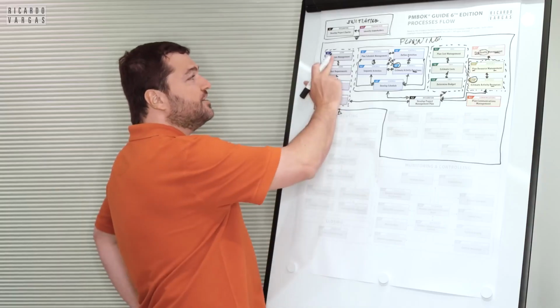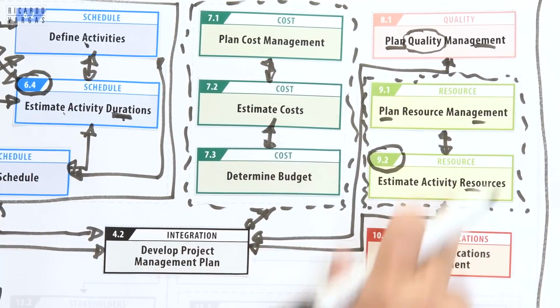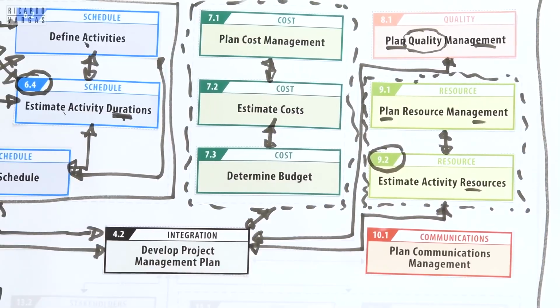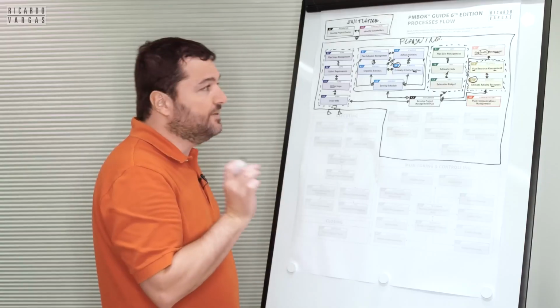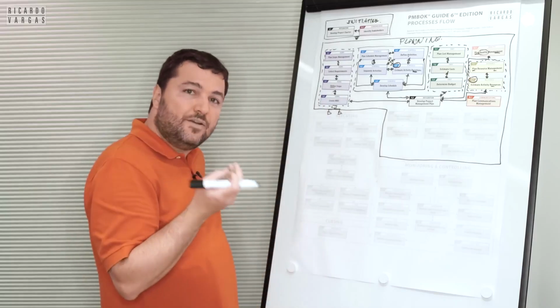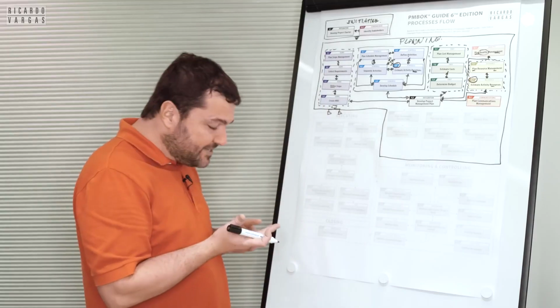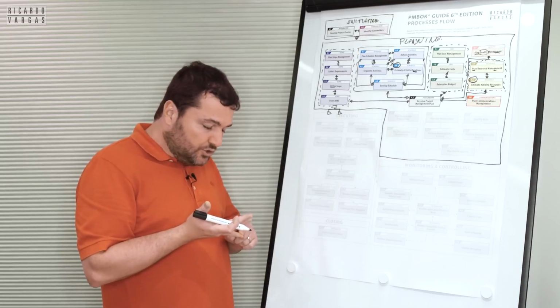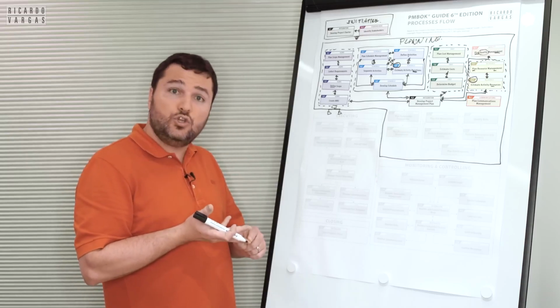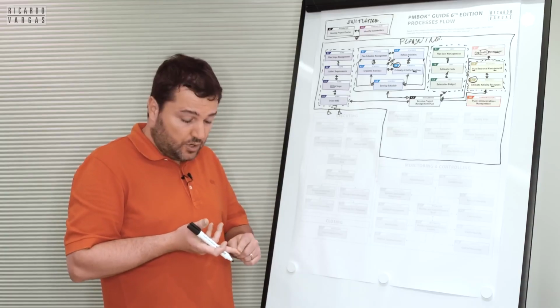Look, as I said here, rules of scope, schedule, cost, quality, resource. Here is communication. Here it's just slightly different. In plan communications management, one of the key things is that you will build your communication plan. So basically you know what you want to communicate, who you want to communicate to, where, when, how much this communication will cost, and how you want to communicate.